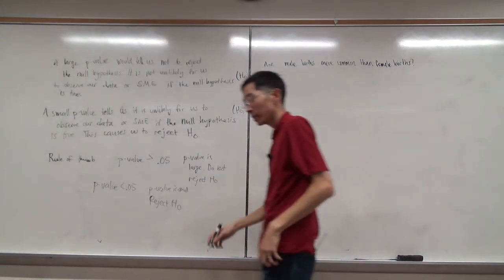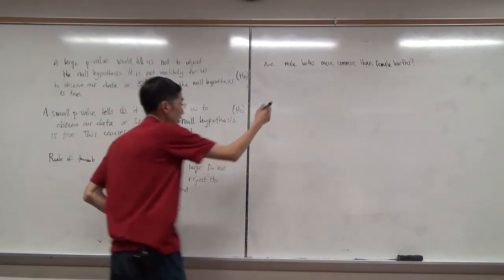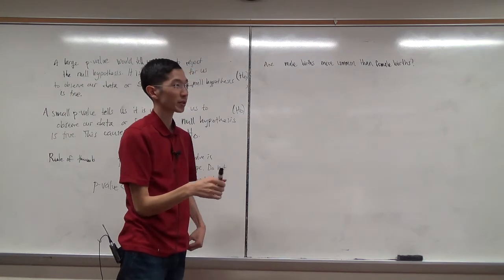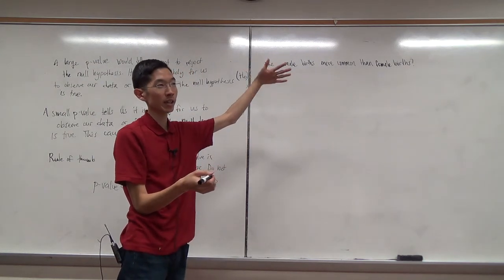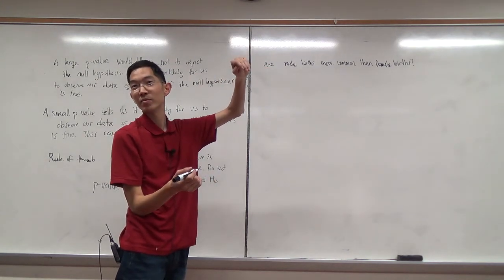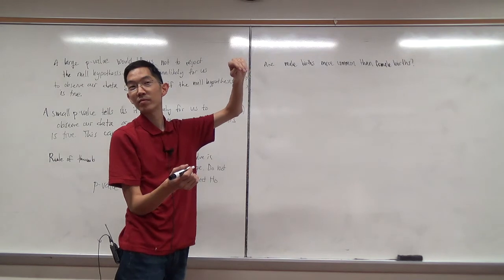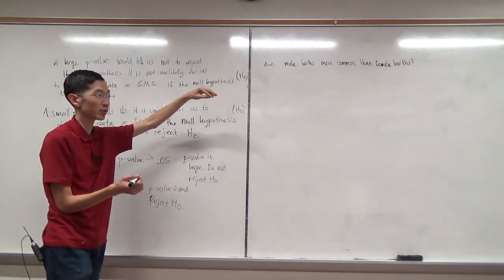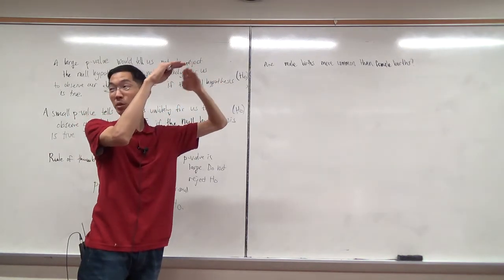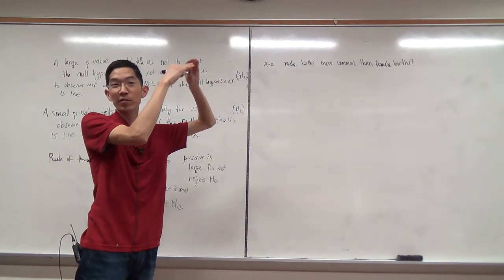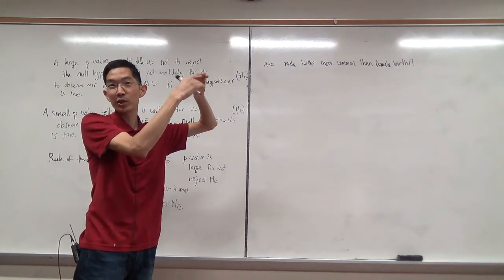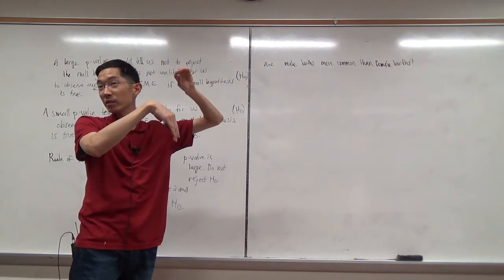If we're asking, are male births more common than female births, what's the underlying assumption about the population? The underlying assumption would be that the proportion of male births and female births are equal, or the proportion of male births should be 0.5, and we want to know, do we have data that supports that the proportion is actually greater than 0.5?